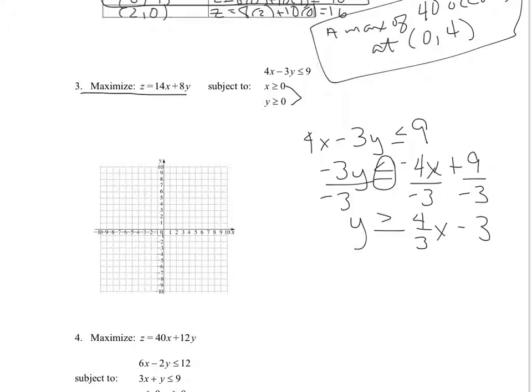A y-intercept at negative 3, so at negative 3 on the y-axis, I've got a point, and if my slope is positive 4/3, I'm going to come up 1, 2, 3, 4, to the right 1, 2, 3. That tells me I'm at the point 3, 1. I'll do that again. I'll go up 1, 2, 3, 4, right 1, 2, 3, and I'm at the ordered pair 6, 5. So here's my line.